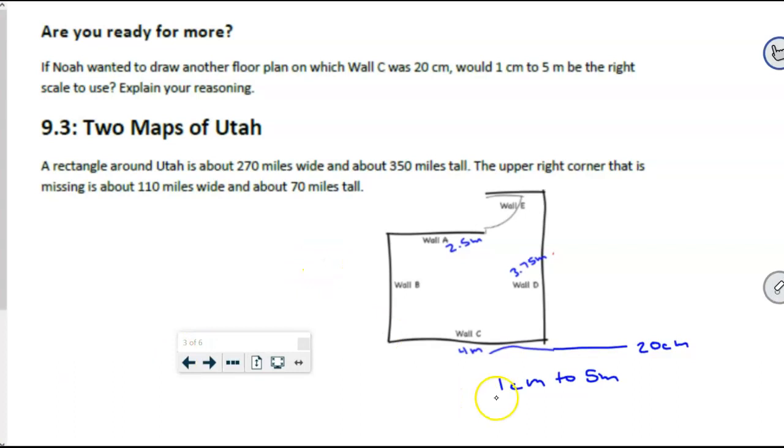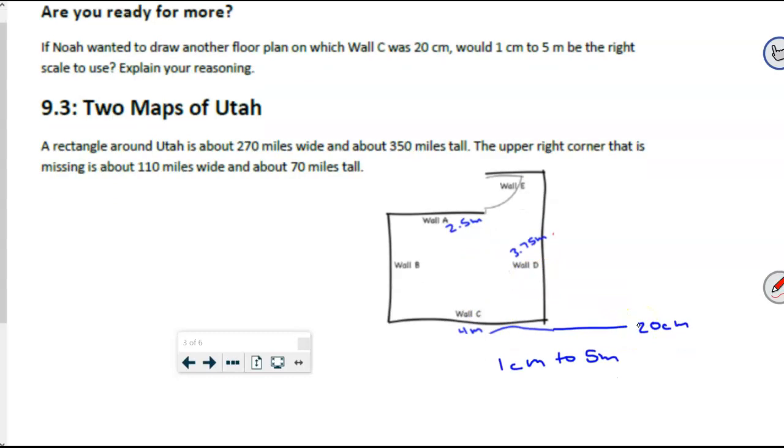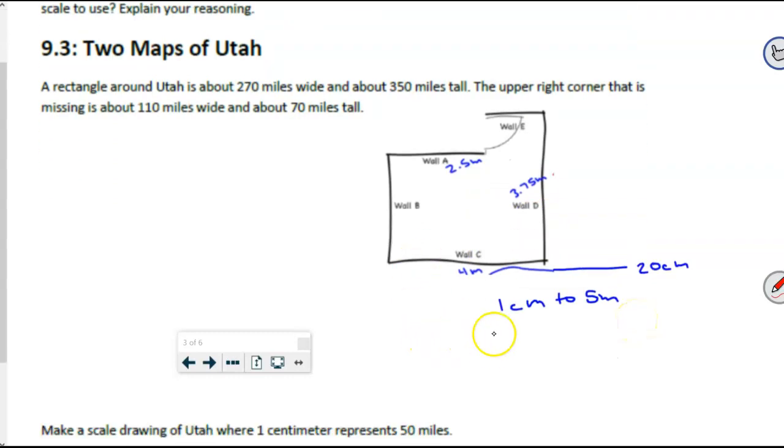Okay. Is 1 centimeter to 5 meters the correct scale to use? Luke, thank you. Okay, can you explain, please? He said no, but I need more than just no. Why don't we have 5 meters to do it with?